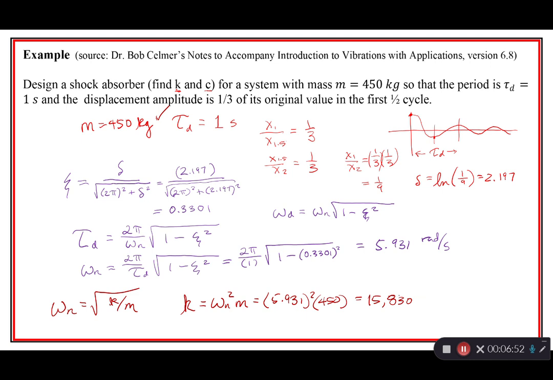And if you look at the units right here, this would be kilograms, and inside here is a radian per second. So really we have kilograms per second squared, which doesn't make any sense. But if you recall, you can use the equation F equals ma, so that newtons equals kilogram meters per second squared.